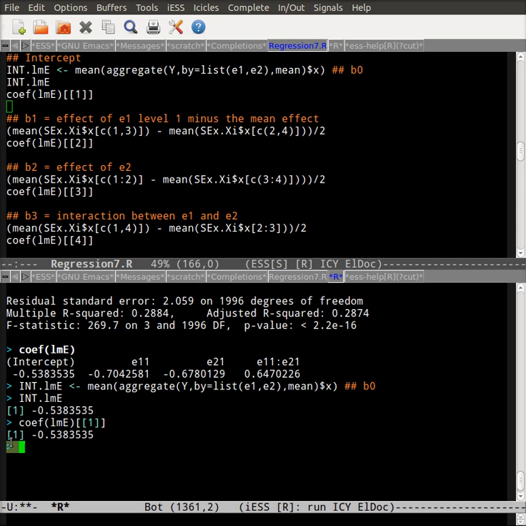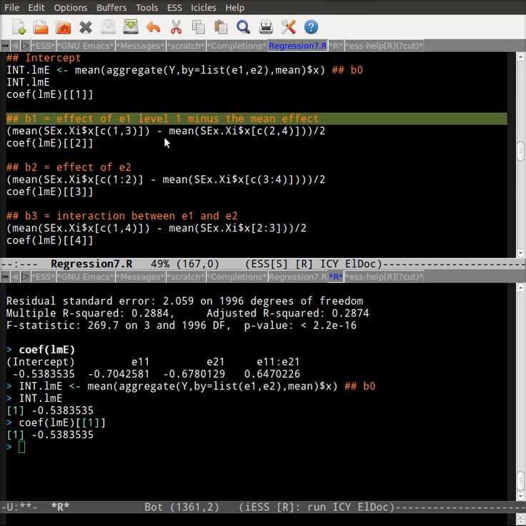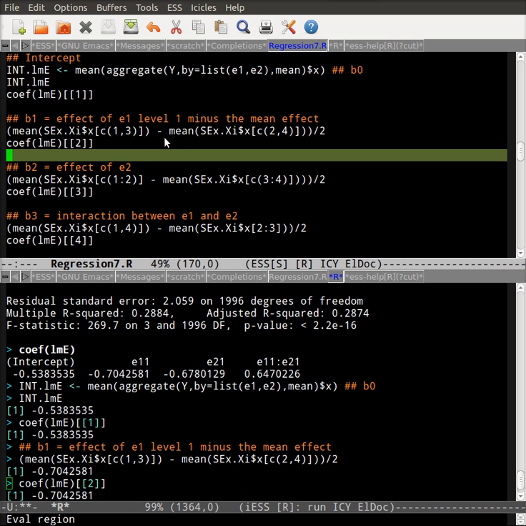And you can see here, this is where I take the mean, and this is the output or the coefficient that I get from my linear model, and you can see that they're both the same. Second is I get my B1. So this is my effect for my main effect of E1. And this is the way I do it.